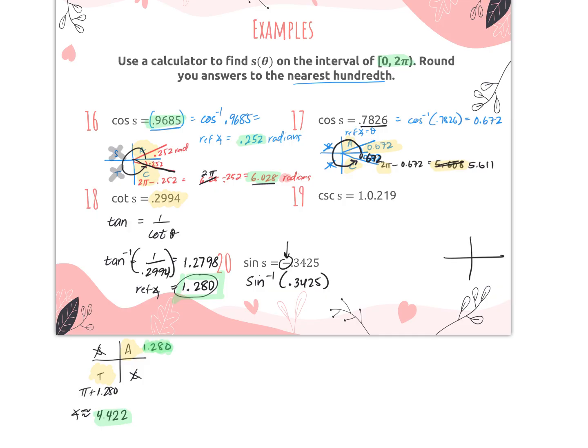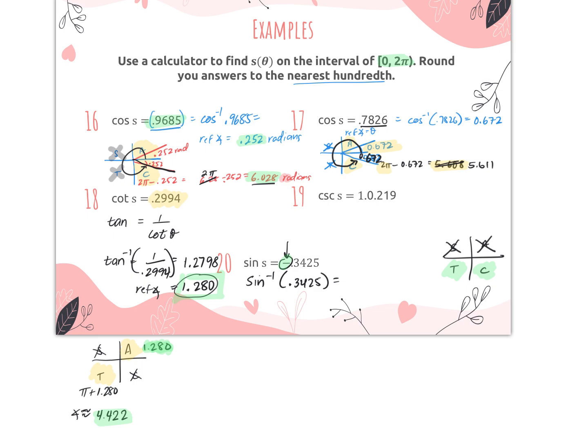I know my quadrants, all students take calculus. I know that my sine is negative, so not in quadrant 1 or 2, but in 3 and 4. So that negative is pointing me to the fact that my answer is going to come in these two quadrants, okay? But to find my reference angle, it's easier if you just plug in the positive value.